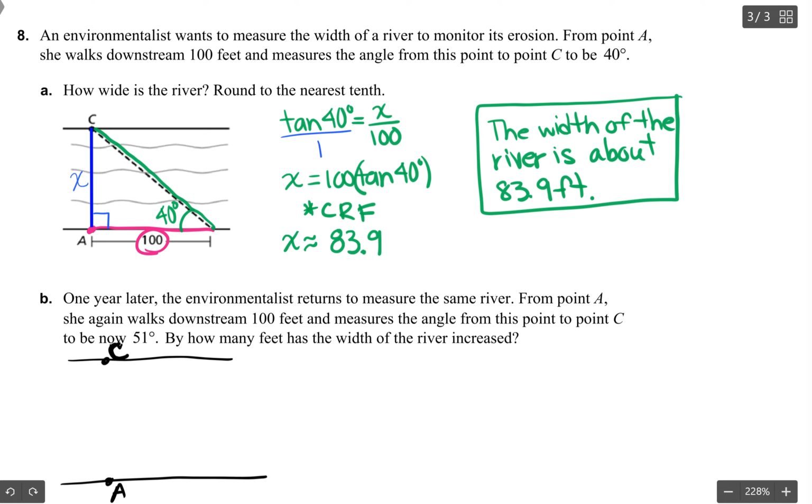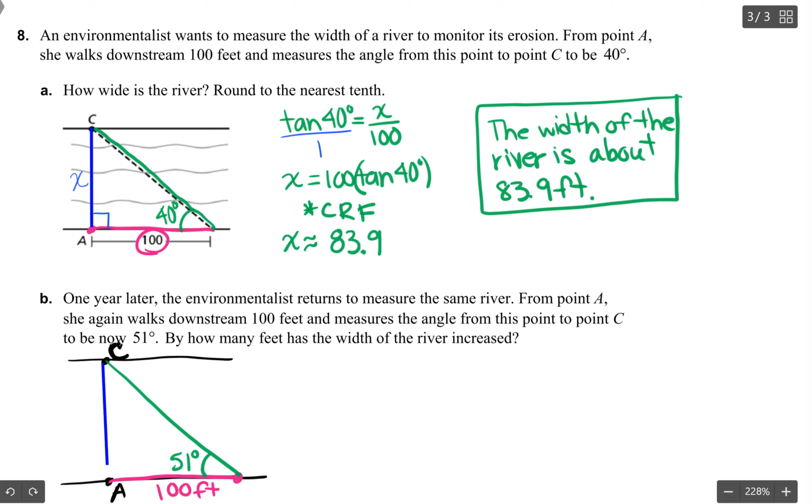So this is point C up here. So we're walking downriver again from point A downriver, still 100 feet. And then when we measure the angle to the point C, the angle has changed and this angle has now become 51 degrees.